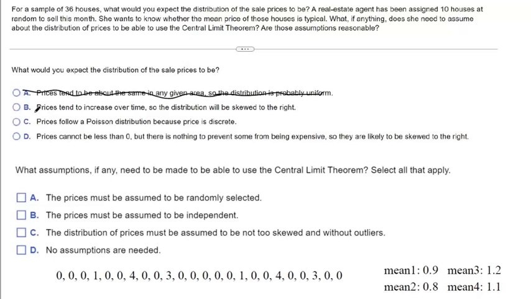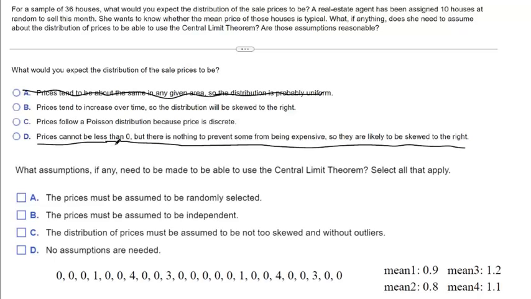So the options that assume knowledge about the housing market make me suspicious. For my stat lab, this is the only one that doesn't assume any prior knowledge about housing. This one is something that we can safely assume, more safely than all the other ones.